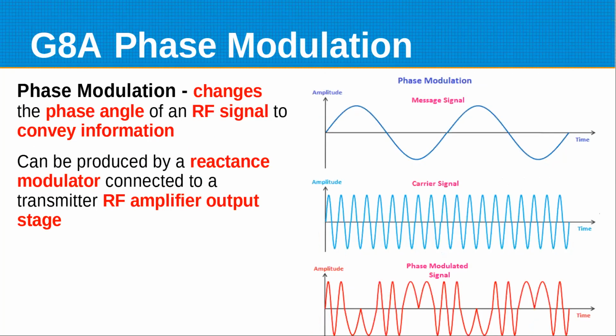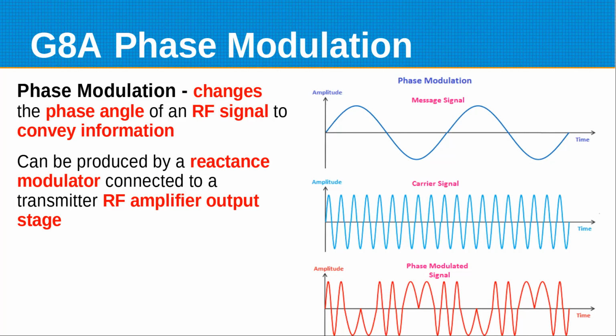Frequency modulation. Phase modulation changes the phase angle of the carrier signal. You can do it with what's called a reactance modulator, which is frequency and phase sensitive to voltage.